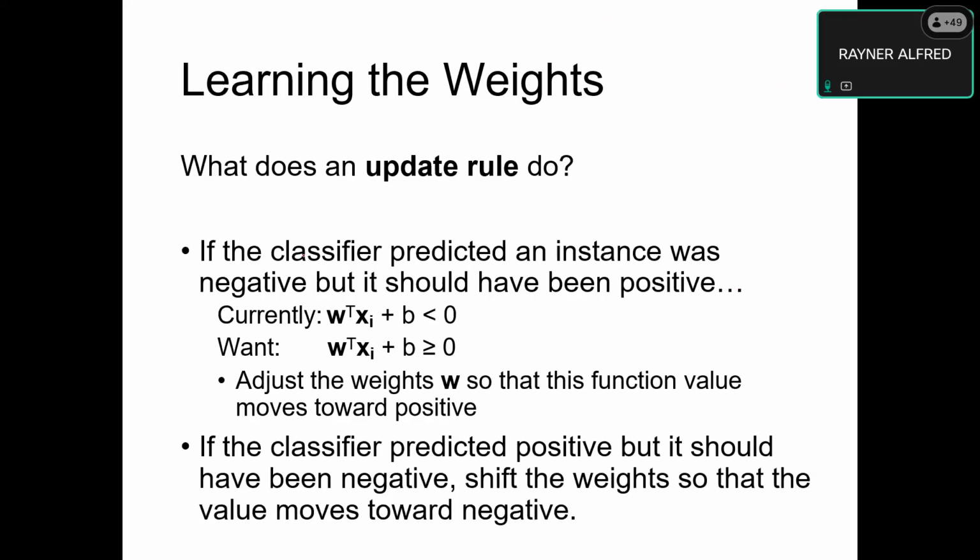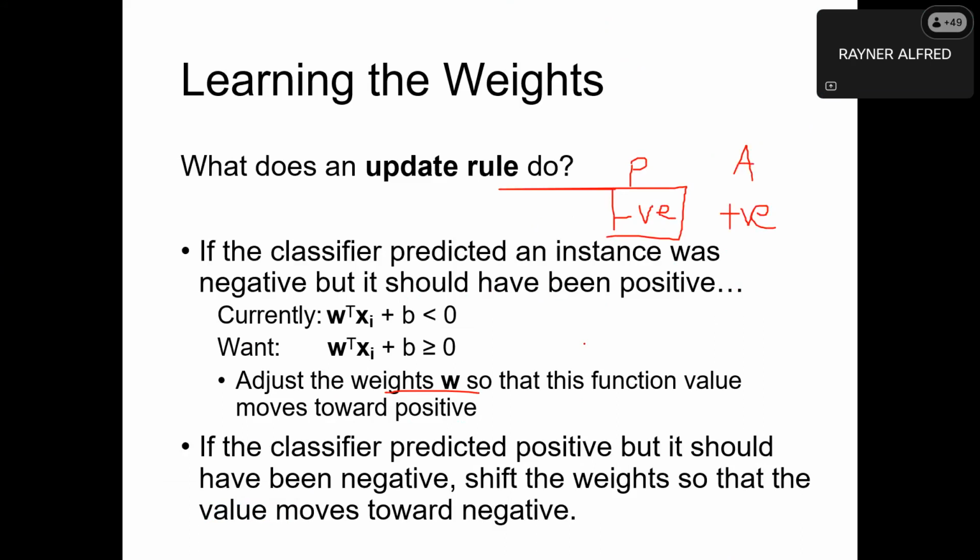If currently the classifier predicts an instance as negative, but the actual one is positive, what you want to do is adjust the weight so that this function value moves towards positive, because the actual one is positive.